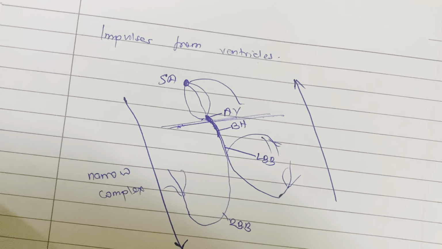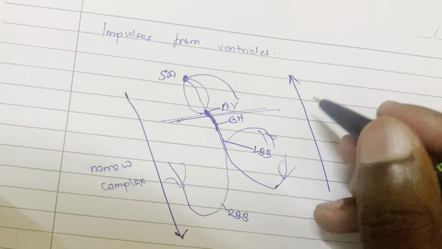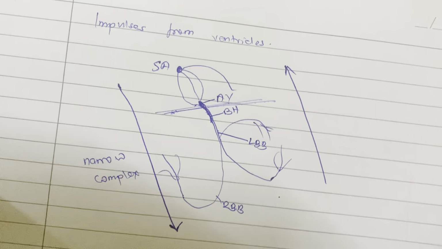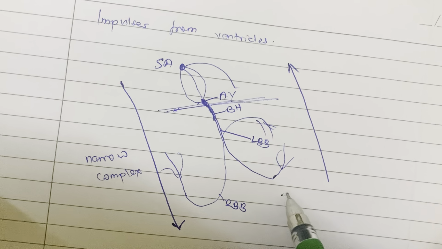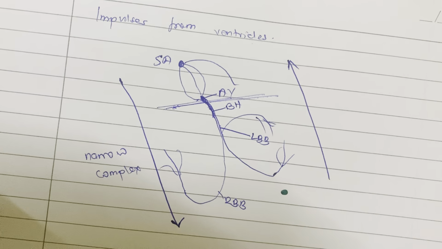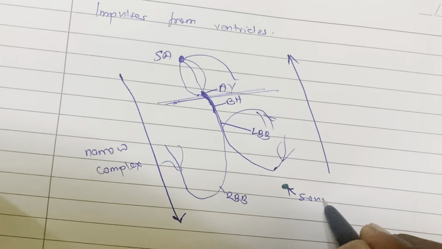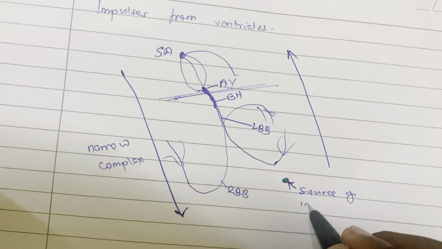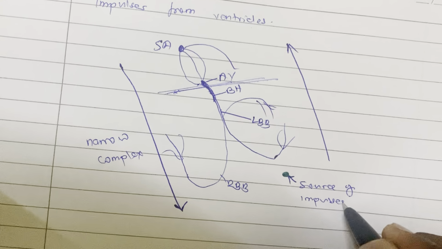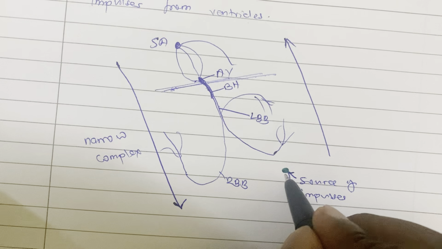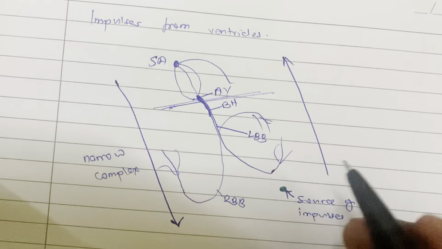And now if we have this direction of impulse generation, if for example the source is from here, this is a ventricular myocardium, so we have the source of impulse, that one in green.